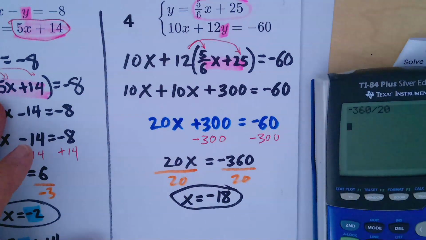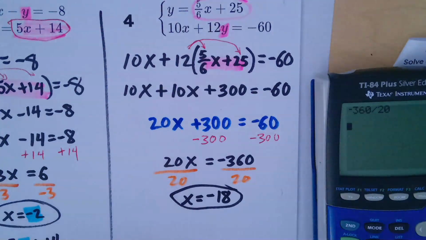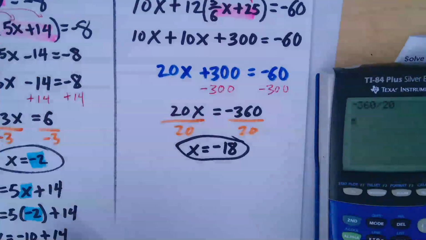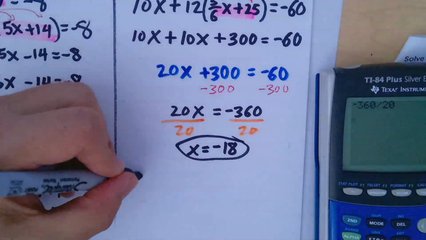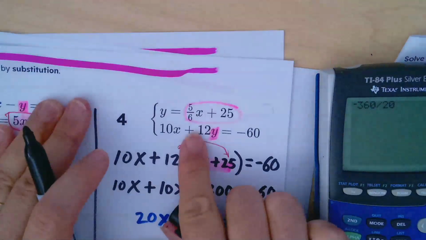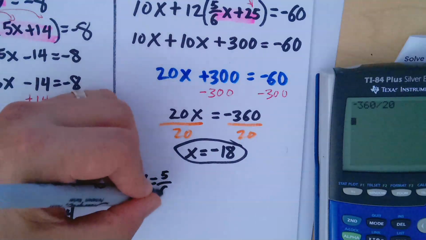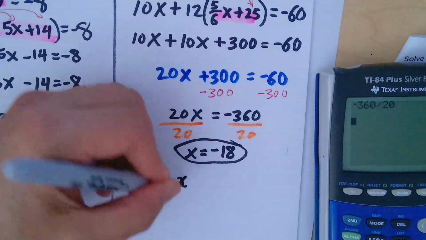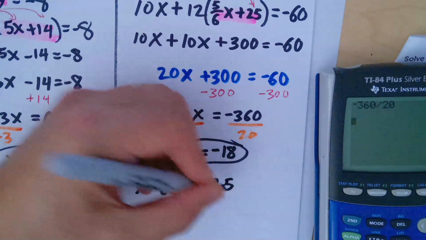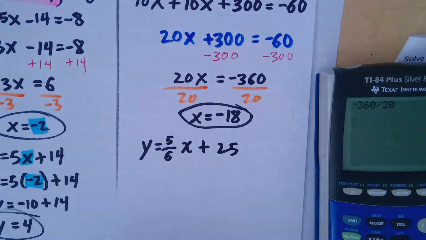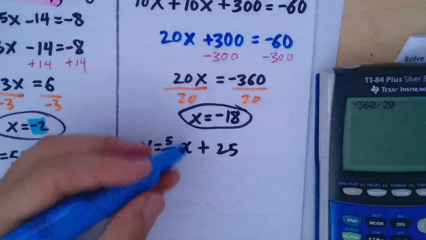Okay. And now I have y equals, I'm going to take one of this top equation, 5/6 x plus 25, and I'm going to replace the x with negative 18.